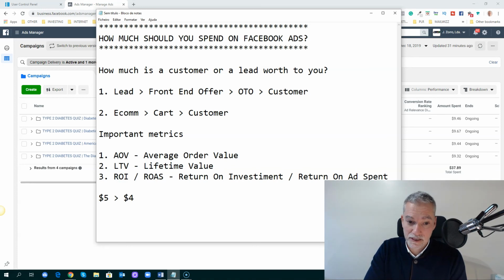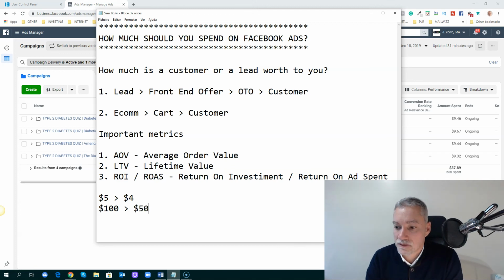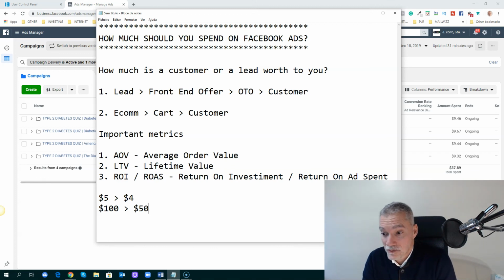The same with a customer. If a customer is worth $100, you can spend less than that. So if you spend $50, it means that your profit will be $50, which means that your ROI is 100%. So you invest $50 and your profit is $50. Okay, so that's the math that you need to do.